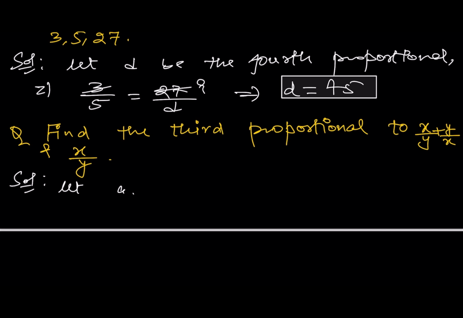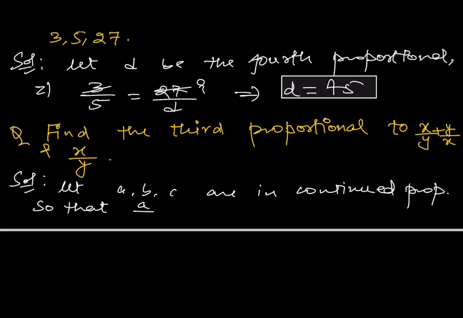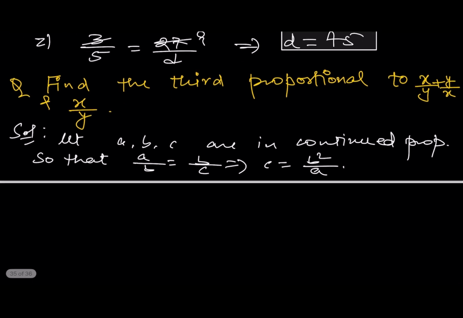Let A, B, C are in continued proportion so that A by B is equal to B by C or C is equal to B square by A. Where A and B are given, we have to find third proportion, right? So C is equal to, this is B and this is A, right?